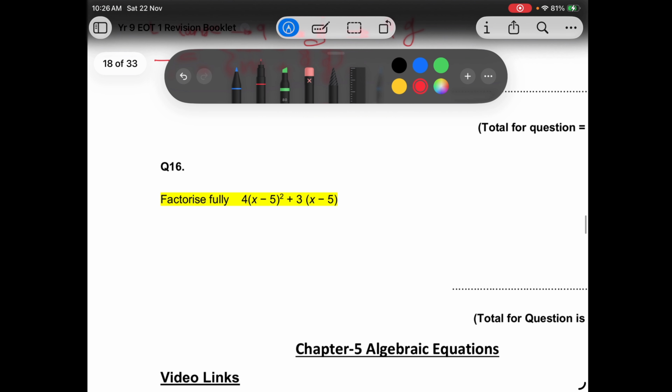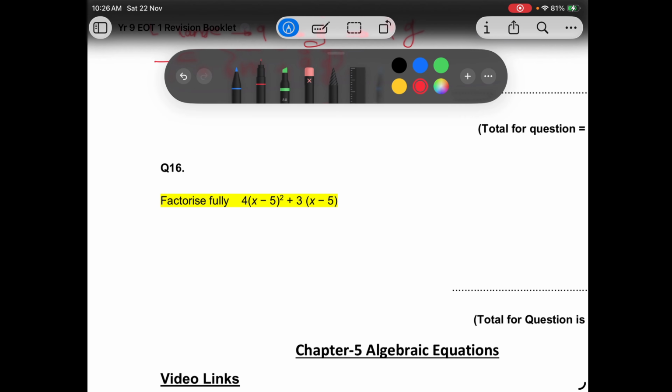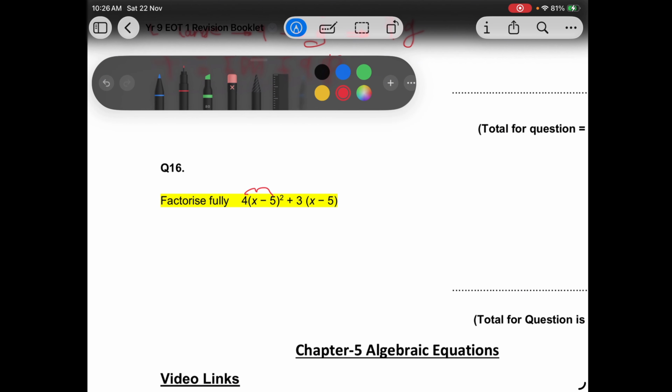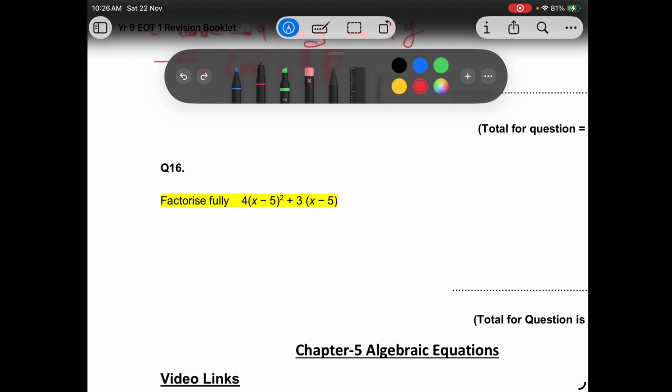Okay, look at this, guys. Simplify this. If you start simplifying by expanding first, it will be a nightmare. Please don't do that, guys. Expansion here is not an easy task because you can't distribute the 4 here. You would have to multiply this by itself, then simplify, then multiply it by 4. It's a very long story.